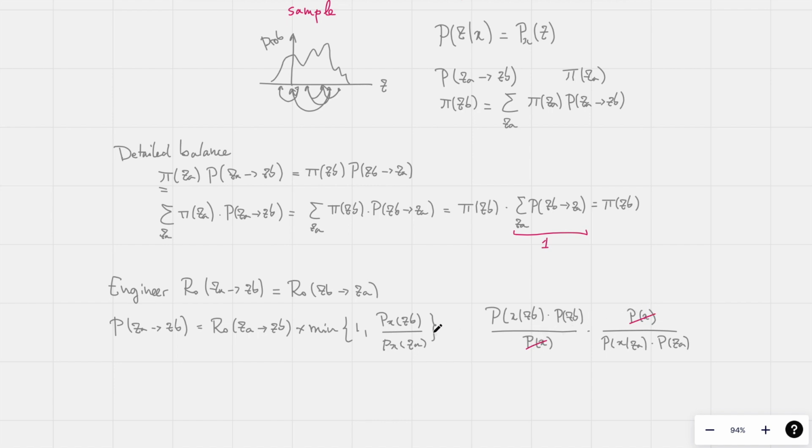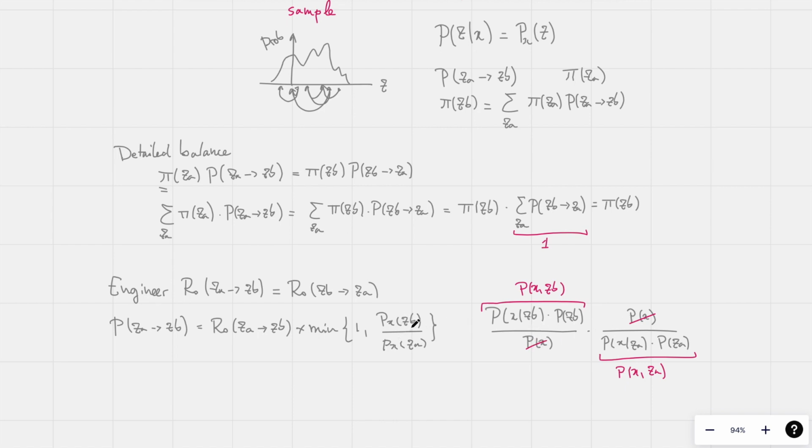And we're left with two terms here that are easy. So this is P(x, ZB), and we said that this is something that we can compute easily. And here we have P(x, ZA). So we can compute this ratio here very easily because it does not involve the complicated terms p of x. They have cancelled out through this ratio operation here.